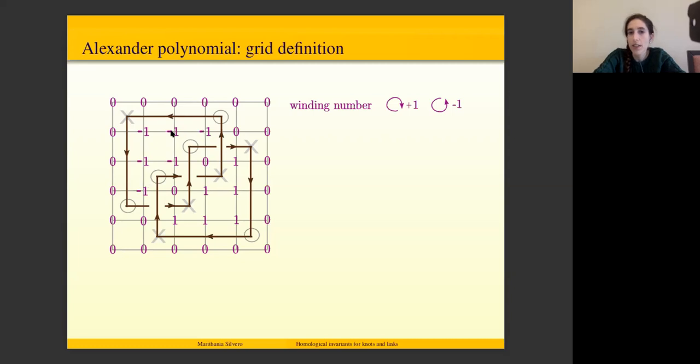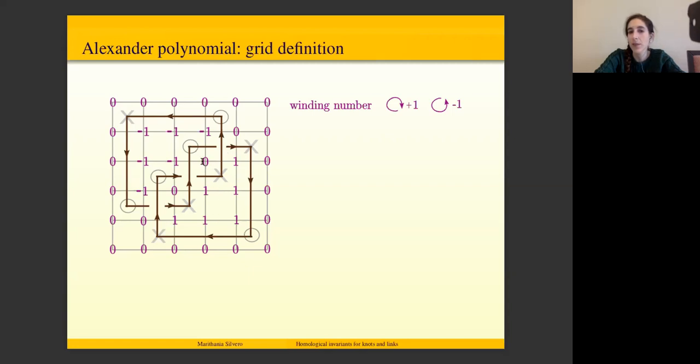So for all these points, for example, for the ones that are out of the curve, of course, we have 0, 0, 0, 0, 0, because no one is going around them. For the ones in this region, the curve is going once counterclockwise. So we have -1, -1, you see? Here we have +1.